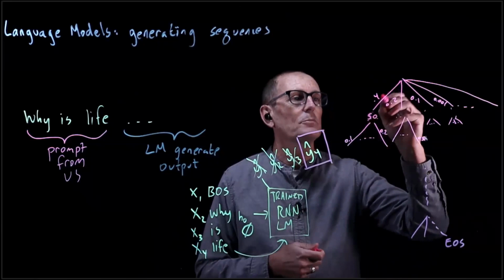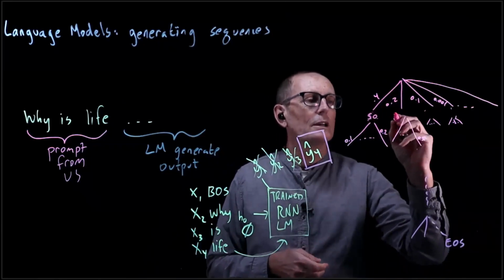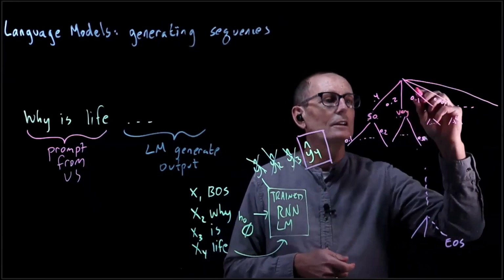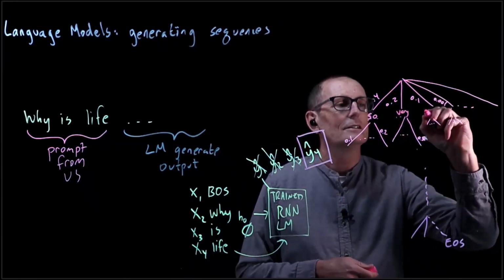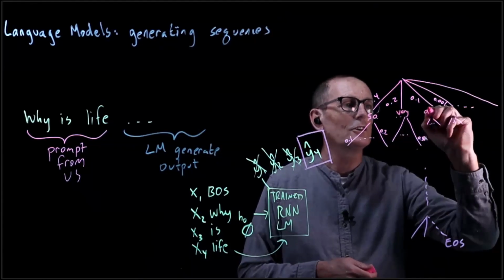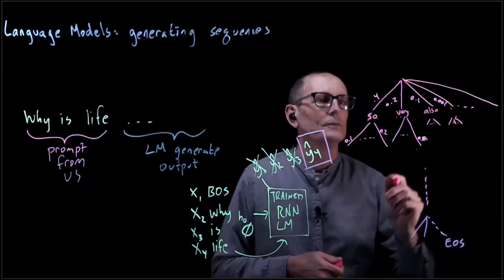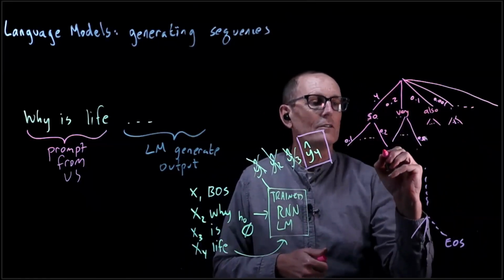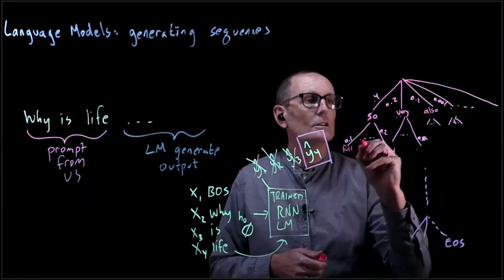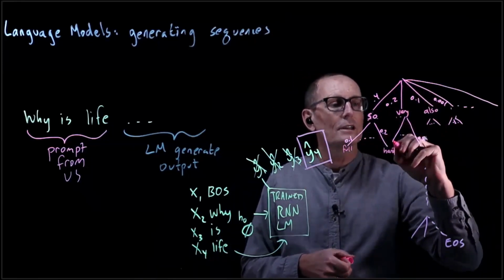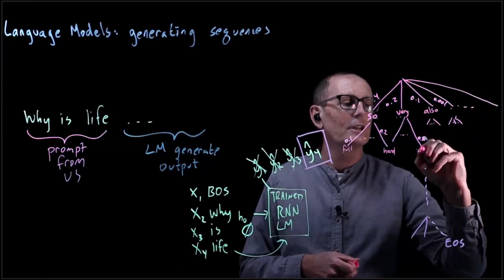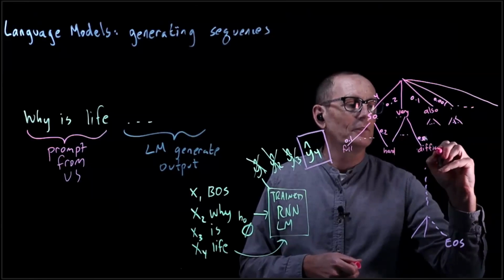Okay, so has a probability of 0.0. Y is life, let's just say very. Y is life also, I don't know. And then let's say we have hard here. So full. Y is life very. Let's say this one is, I don't know what this is, but this is very difficult. Okay.